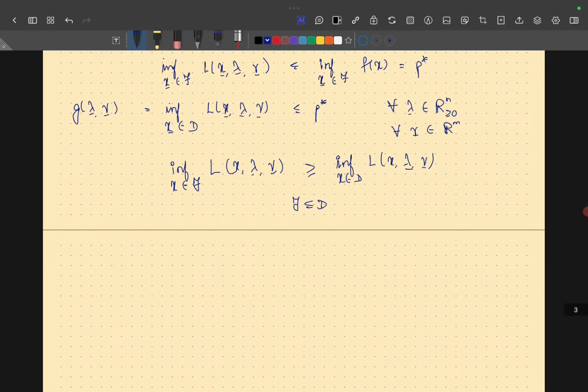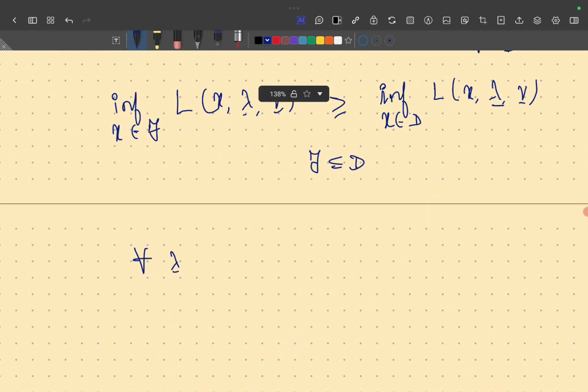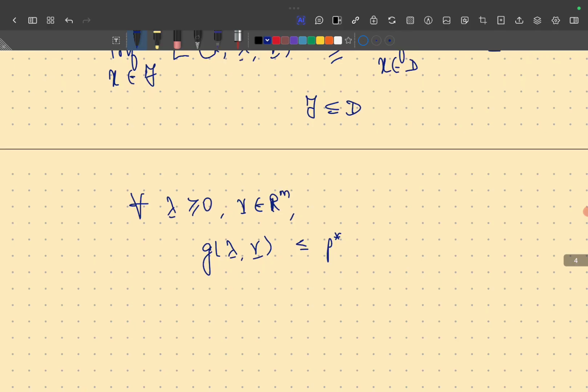All right. What I've established so far is that for all lambda which is componentwise greater than or equal to 0 and nu in R^m, g(lambda, nu), the Lagrange dual function, is going to be less than or equal to p star. So if I plug in any value of lambda and any value of nu, I'm going to get a lower bound on p star.